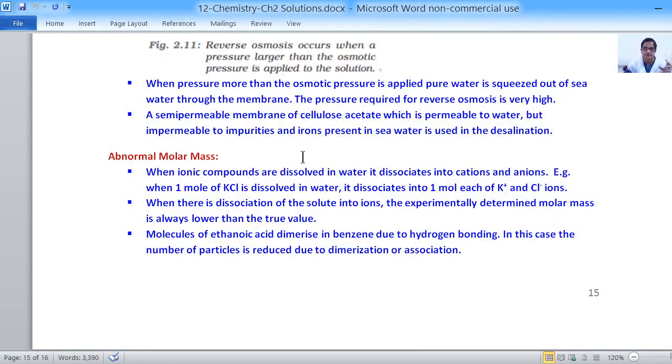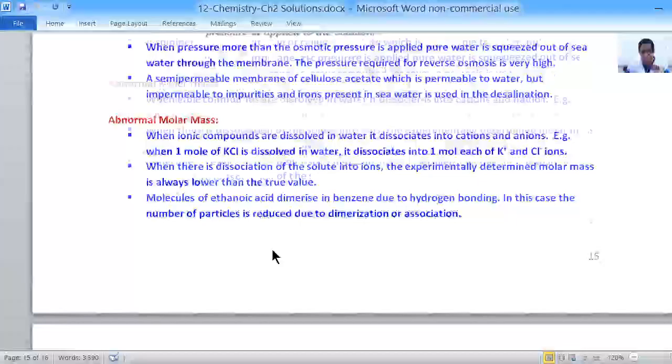Ionic compounds undergo dissociation and split into positive and negative ions, whereas acetic acid molecules, which are organic molecules and not ionic compounds, will associate. Two molecules will dimerize through hydrogen bonding and become one molecule, and that process is known as association.